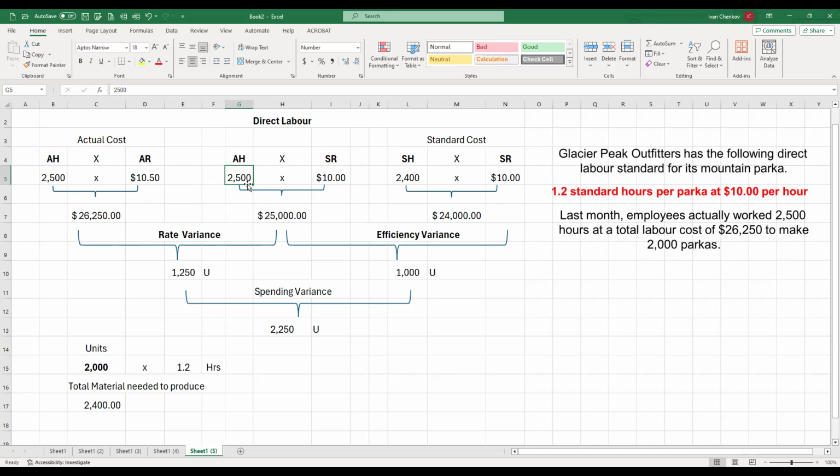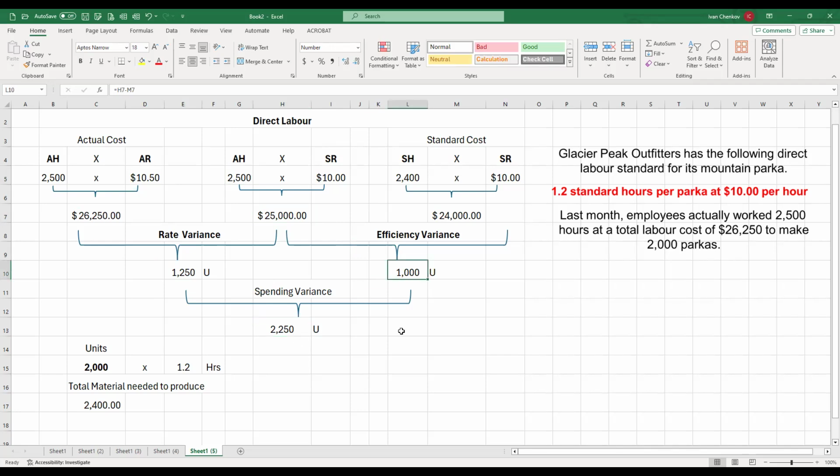So they increased the hours. Because of that, we're losing or overspending $1,000. We figured out that our workers started slowing down their work because we're paying them too little. So we increased the rate by 50 cents. That increase of 50 cents gives us another overspending of $1,250. Overall, we're overspending $2,250.